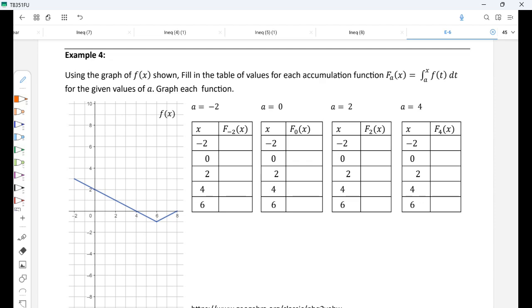What does that integral evaluate to if it has the same limits? 0, right? So we're going to have a 0 in each one of our tables. That 0 will be here. In the next table, it will be at 0 because that function has a lower limit of 0. This one will have it at 2, and this one will have it at 4.